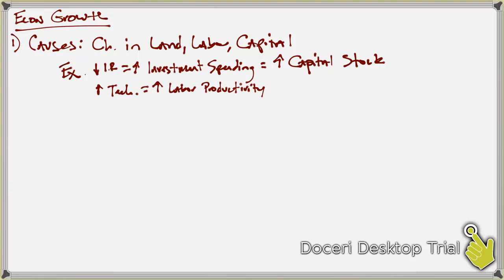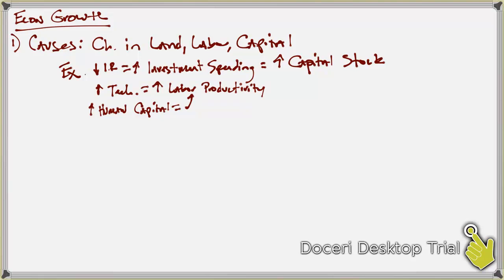Okay? Increase in technology. And then the other thing that shows up a decent amount is an increase in human capital. And remember, human capital is just your knowledge, your experience, your education. Okay, that's how you would define human capital. And again, that does the same thing. It increases labor productivity when we have more human capital.